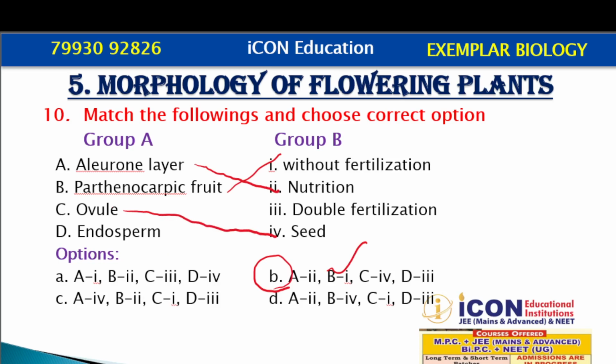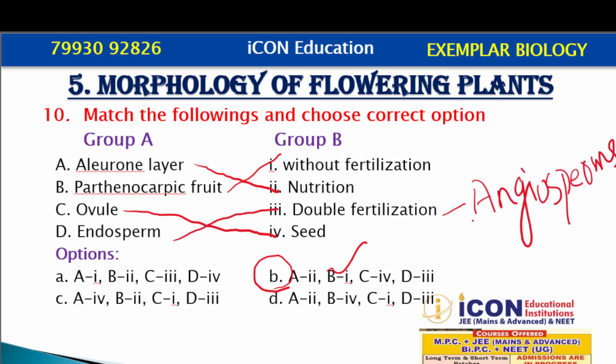Then D, endosperm. Endosperm is formed after double fertilization. This is seen in the case of angiosperms. Students, in angiosperm, endosperm is a product of double fertilization, but not in gymnosperm. Remember, in gymnosperm, endosperm is formed before fertilization.